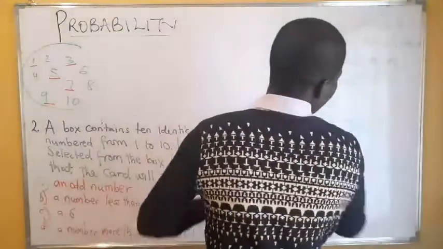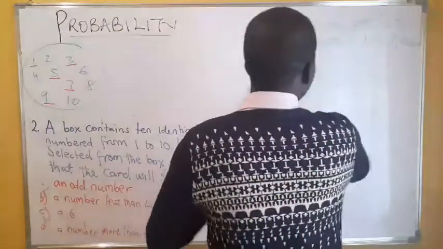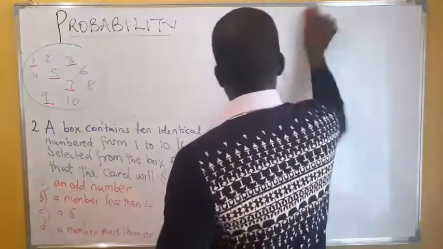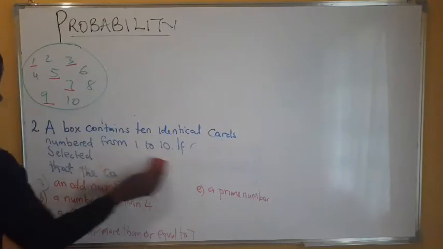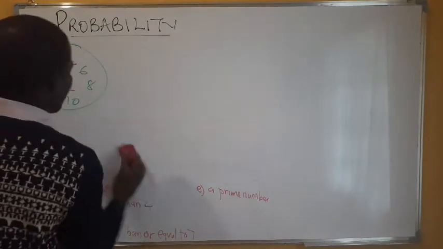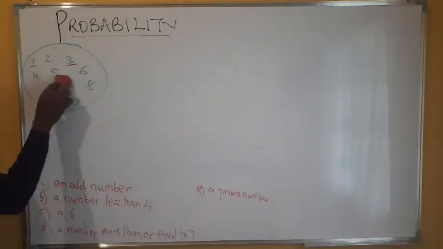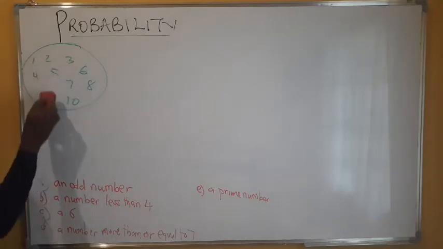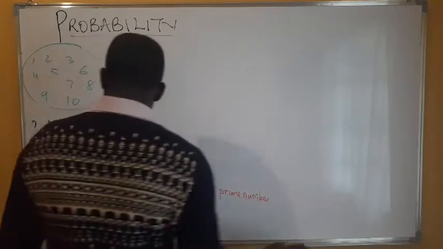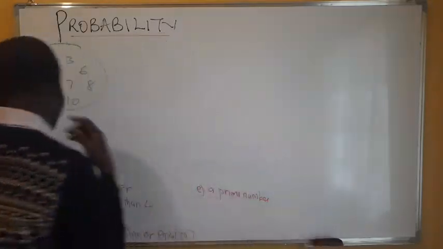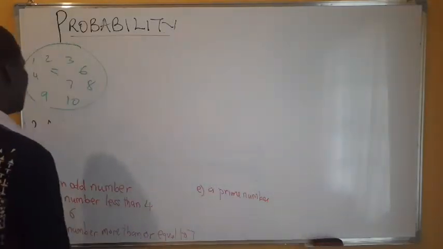I hope now we have gotten the point. So, let's go to the second question. The second question is asking, what's the probability that it's a number less than 4?